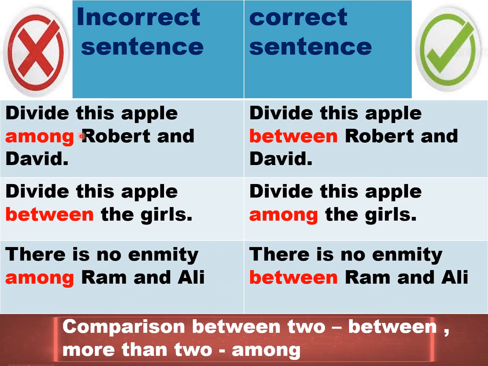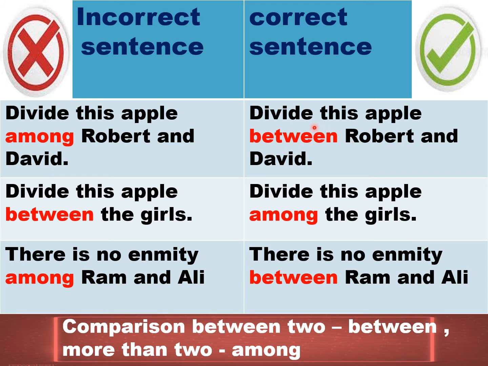Divide this apple among Robert and David. Here, the comparison is between two persons. When comparing two persons or two things, we can use the preposition between. More than two means we must use among. Here, in this sentence, the comparison is between two persons, so between is used.